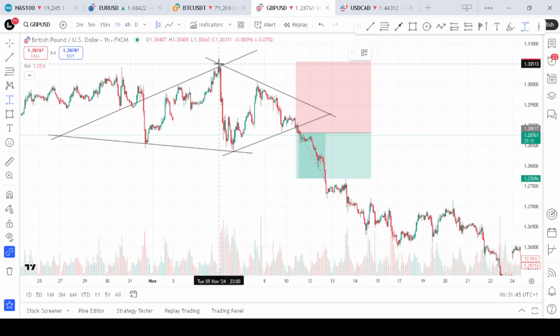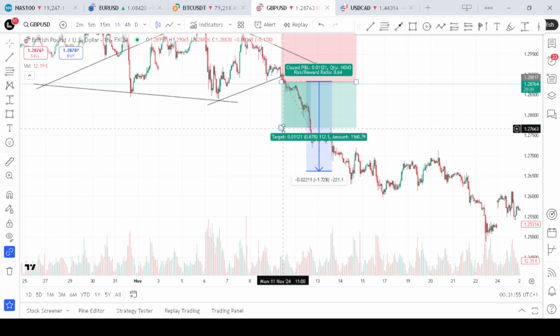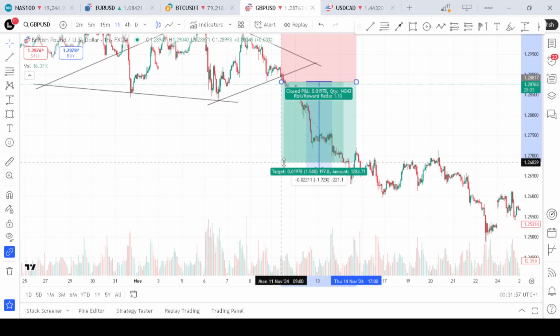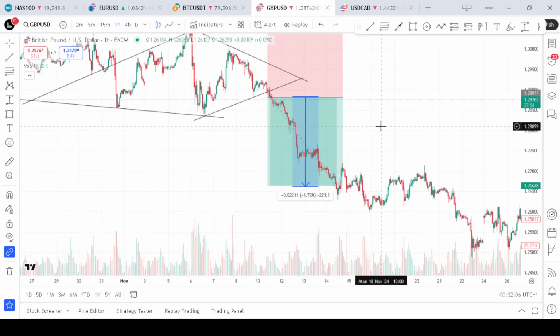You can target the height of the diamond pattern and set it as your first profit target. You can also use a trailing stop loss method, as the case may be, or you can decide to target 1:2. Depending on how you want to take your trade and leave your trade, it is all up to you.